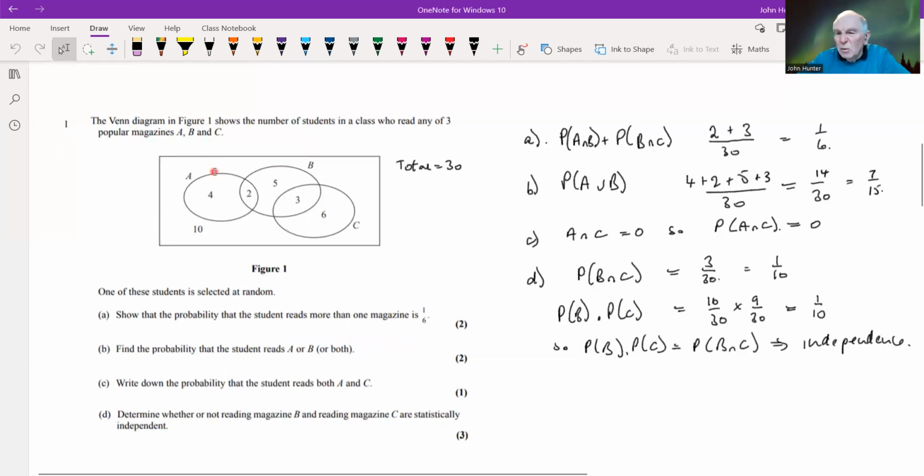What we're saying with this is, if we pick any student at random, what's the probability of them reading all 3 or whatever it happens to be? We note if we add all these up, we get a total of 30. So in this case, the probability of them reading A would be 4 plus 2, that would be 6/30, 1/5.